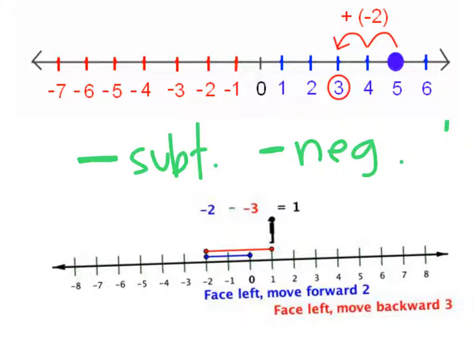The negative 2 is right there, and negative 3 is right there, and here we had the subtraction sign and negative signs up here. You can see that going backwards from 5 is negative, going negative 2 this way.